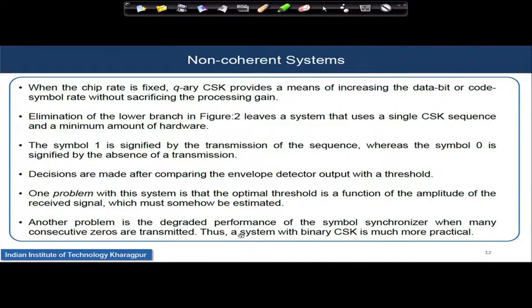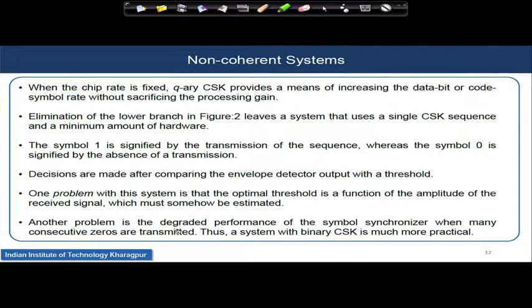But one problem with this system is that the optimal threshold is always a function of the amplitude of the received signal, and this amplitude needs to be estimated in a lot of situations.